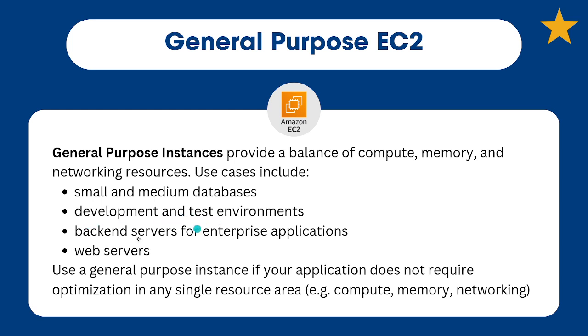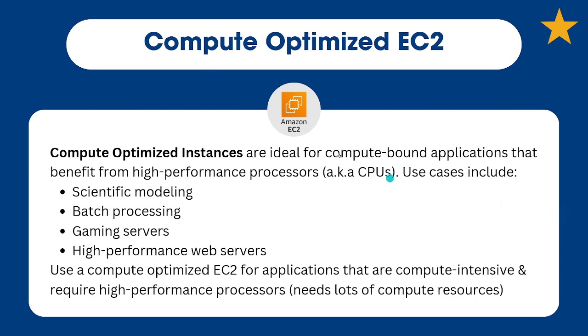Development and test environments, backend servers, web servers. So pretty much all kinds of applications. It's a balanced instance between the three resources, so you can use it for a lot of different things. It doesn't optimize any specific resource. So if your app doesn't require a little extra compute, a little extra memory, or a little extra networking capabilities, then you're probably going to go with general purpose.